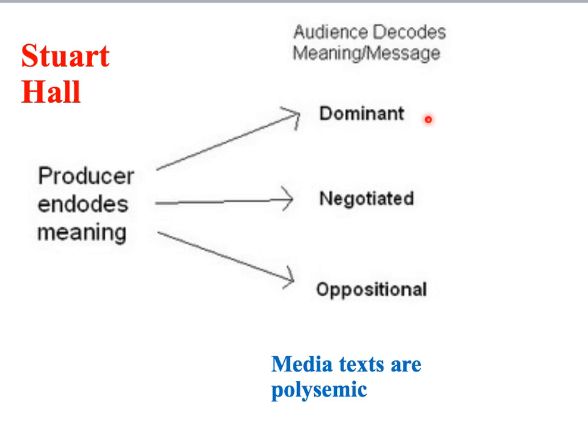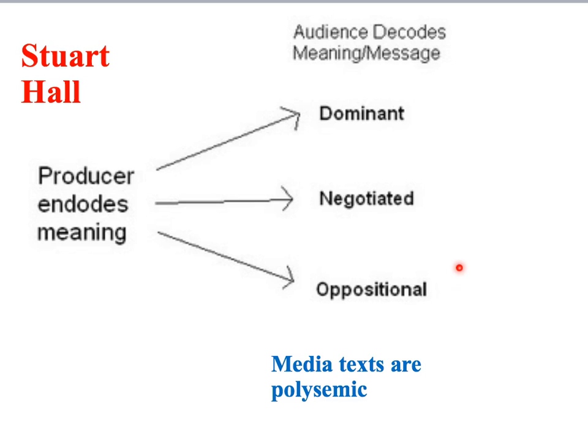A dominant reading is one where audiences read, decode and interpret media messages in the way that those producing the media content actually intended. A negotiated reading is perhaps the most common reading of a media text and describes the audience position of partly accepting the intended meaning of a media message but partly rejecting it.